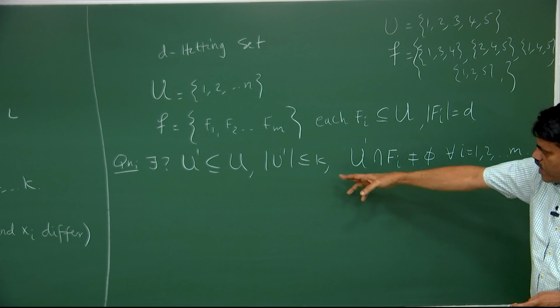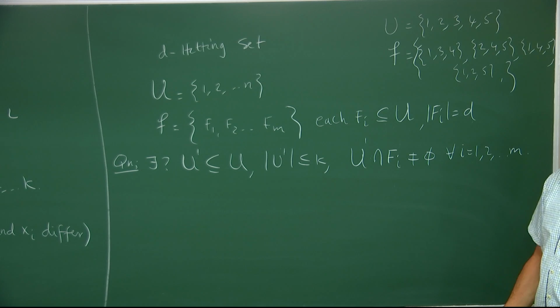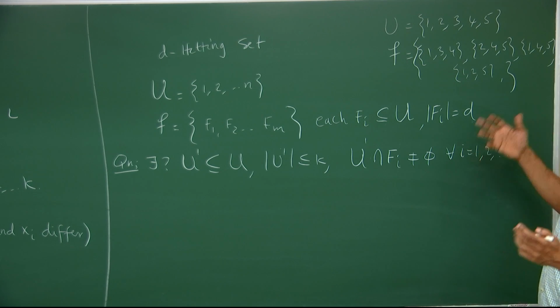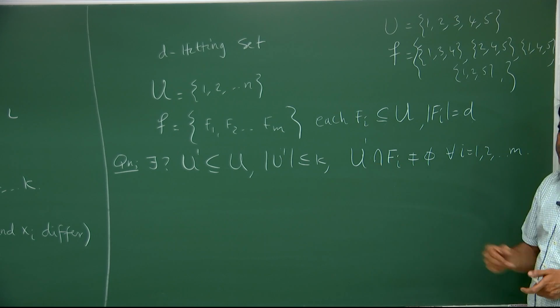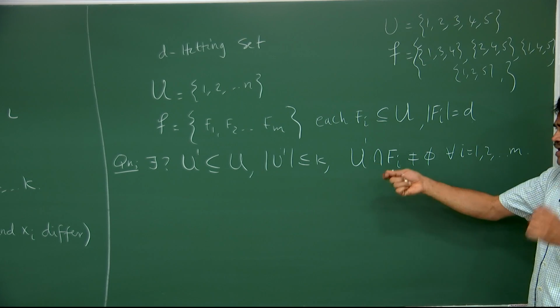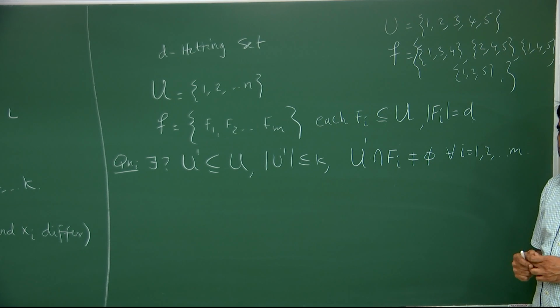That's why it's called a hitting set problem. And I'm asking, is there a k-sized solution? Typically, you are interested in a minimum sized hitting set. So the decision version would be, is there a k-sized hitting set, and k is the parameter for us. So what would be a branching algorithm for us?